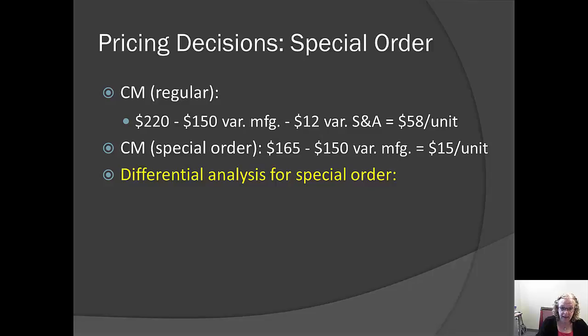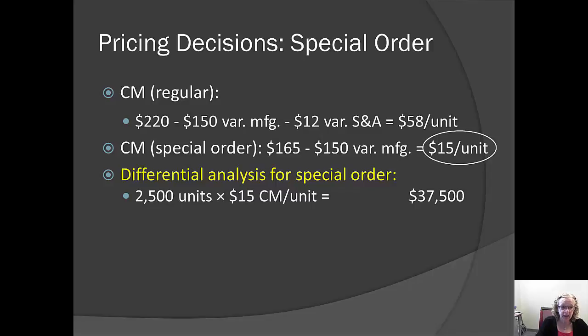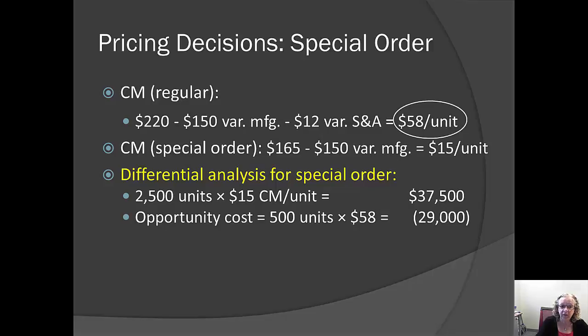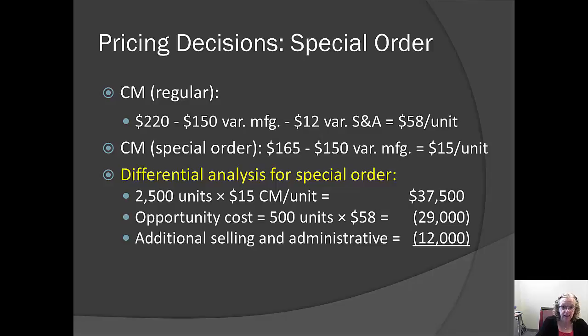That means that if we accept the special order, we're going to get 2,500 windows with a contribution margin of $15 each, but we're going to give up 500 units with a contribution margin of $58 each. And in addition, we're going to incur our $12,000 of fixed selling and administrative on the special order.